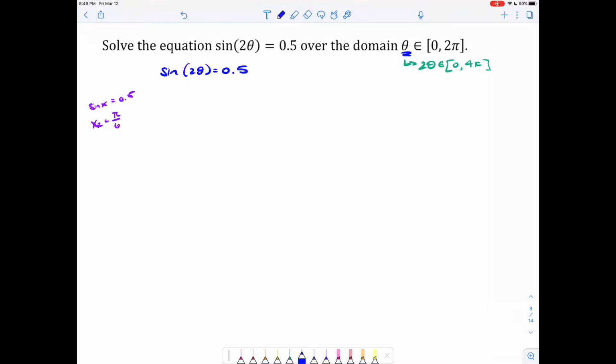So instead of saying the reference x is equal to pi over 6, we're actually going to say that that's a reference for 2 theta. That's that very, very slight, subtle difference there. So it's not theta sub r, it's 2 theta sub r, because that was our argument within those brackets.